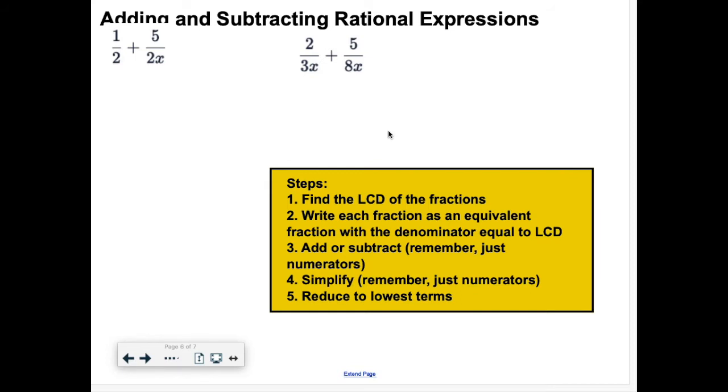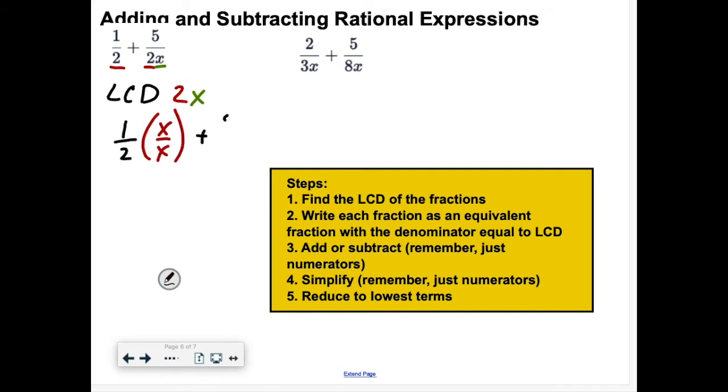So let's take a look at some ones that are a bit different. We're going to go a bit faster here because I think you're getting the hang of it. So the LCD of this, well, they both have a 2 in them, so my LCD has to have a 2. I have an x, so my LCD has to have an x. I've underlined all the factors. I'm good to go. So to make the first one into the LCD, I have to multiply it by x over x.